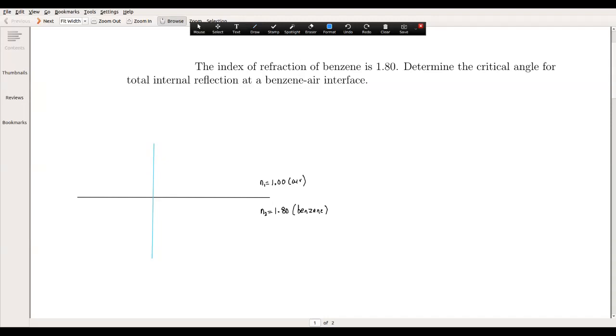Let's begin with this here, and that's my reference line. Actually, I should go only to here. So that's my ray that comes in.